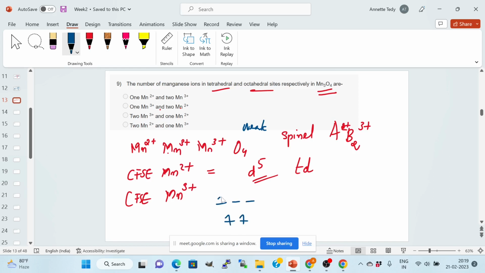So 1, 2, 3, 4, 5. So minus 0.6 into 2 plus 0.4 into 3. This will be minus 1.2 and plus 1.2, so it will be 0. So for Mn2+ it is 0.